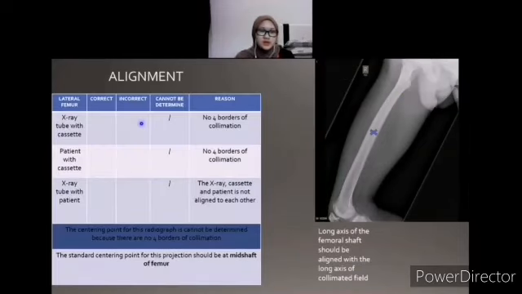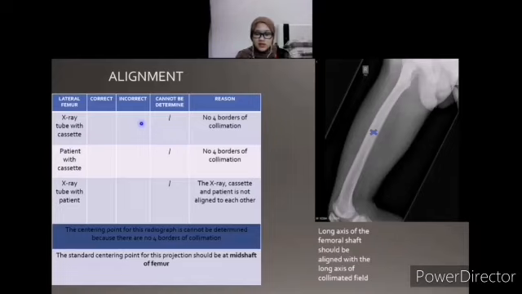Next, the alignment between the X-ray tube and cassette cannot be determined because there are no four borders of collimation, and the alignment between patient and cassette cannot be determined because there are no four borders of collimation, and the alignment between the X-ray tube and patient also cannot be determined because the X-ray, cassette, and patient are not aligned to each other.